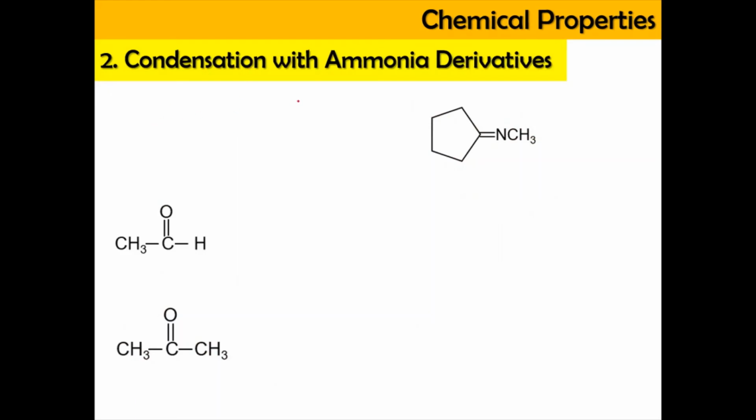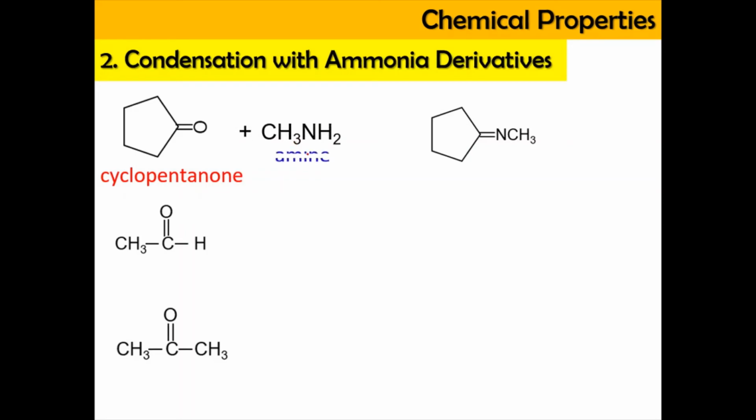All right. Now we're going to do the example of the reaction of the carbonyl with ammonia derivative. So let's say we have a cyclopentanone, which is a ketone, and then we're going to react that with an amine, which is a primary amine. So what we're going to do is remove the two hydrogens here, together with the oxygen here. So oxygen and H2 are going to be removed, written as the byproduct of H2O.